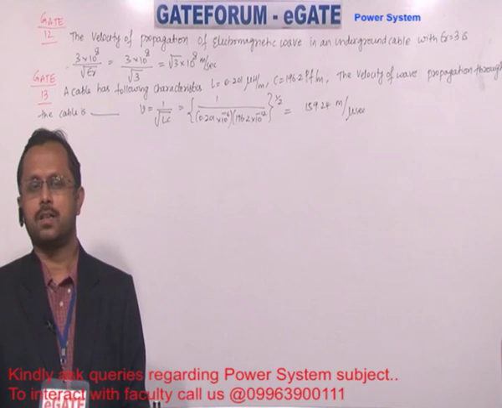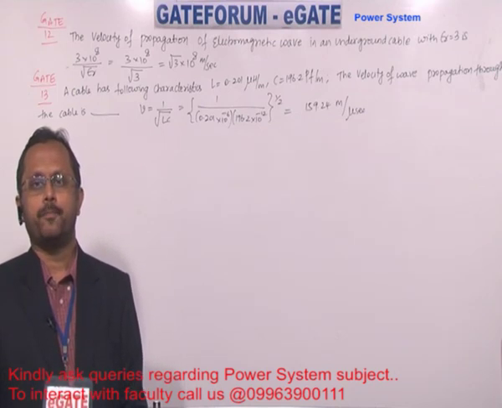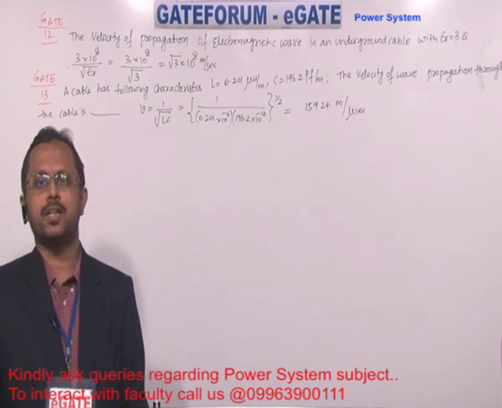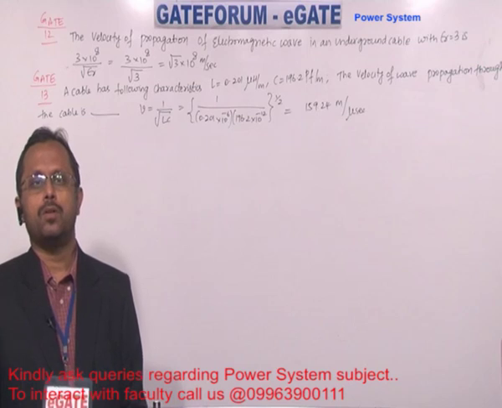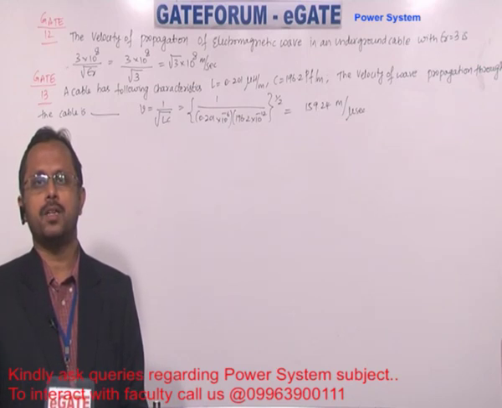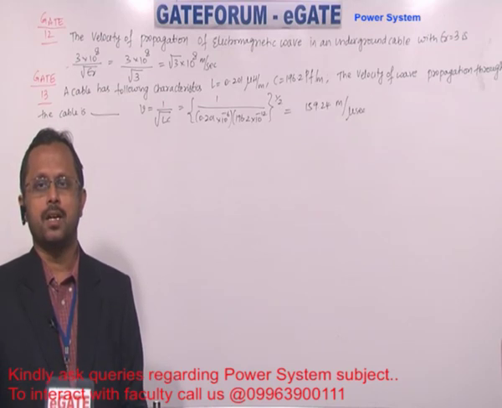Okay. Next question is by Purushottam Kumar. In question number 5, our V double dash formula is V into 2 times Z cable by ZC plus Z cable, or V double dash is V into 2 by ZC by 1 by Z1 plus 1 by Z2 plus 1 by ZC.